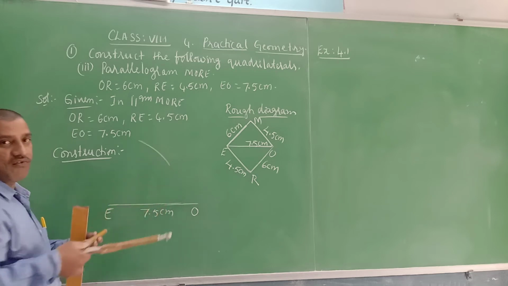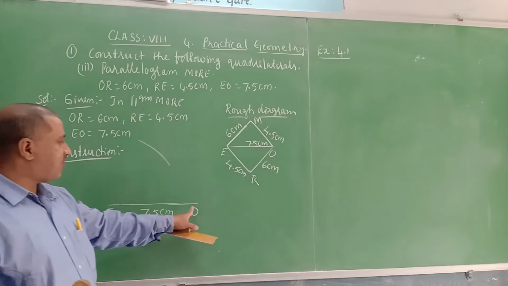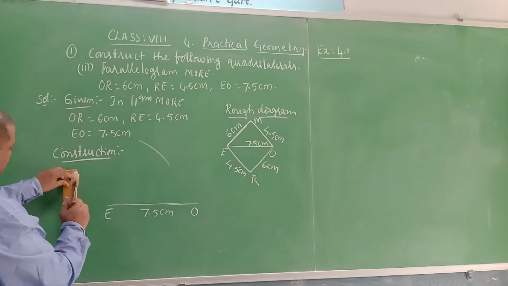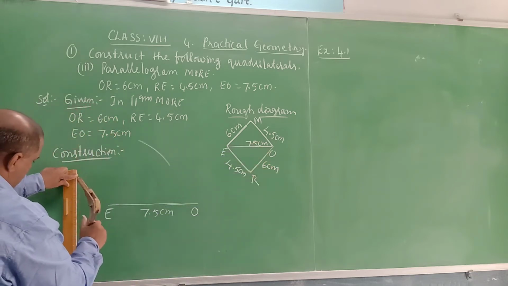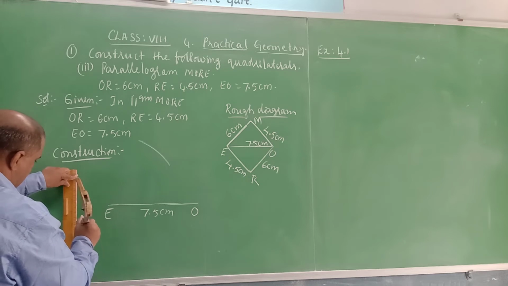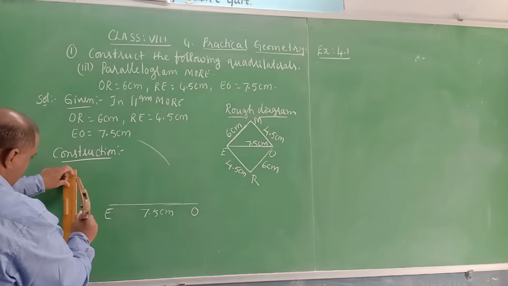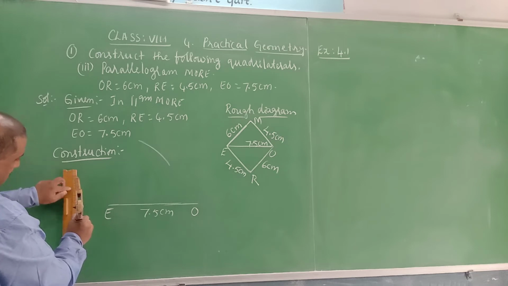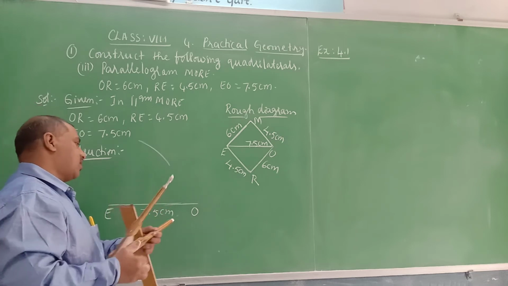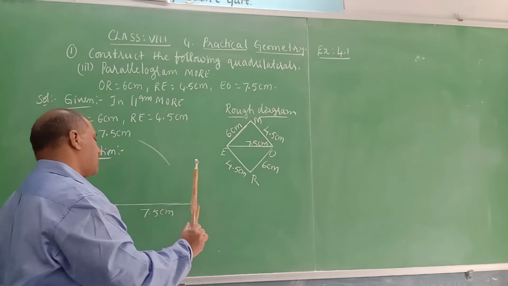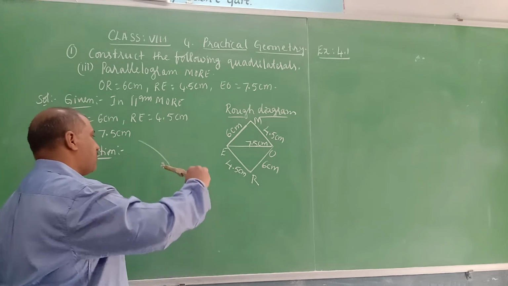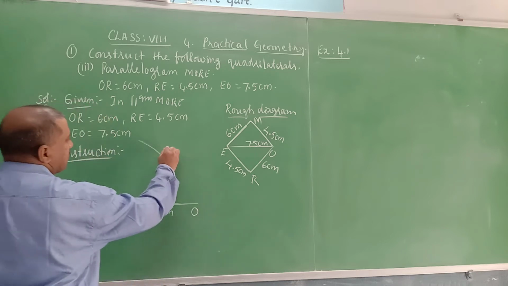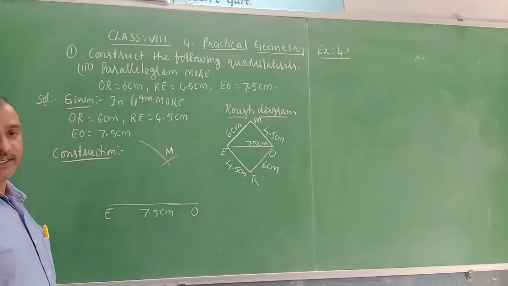And from point O, draw an arc of radius 4.5 centimeters. It intersects the previous arc at a point, and that point is M.